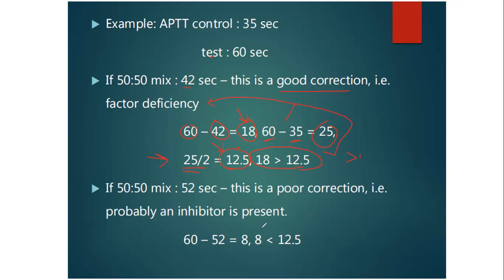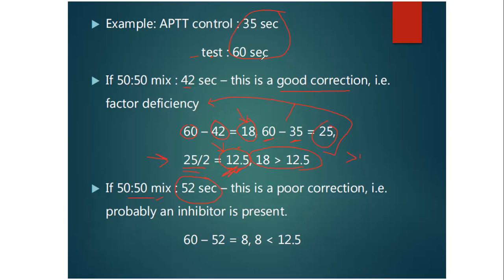Now, what if we do the 50-50 mix and we get a 52-second APTT? Same thing, that is what we will do. First, we get the threshold. 60 minus 35, we get 25. Divided by 2, we have 12.5. So save the 12.5. Next, we get the difference in time between the APTT of the test sample and the APTT of the 50-50 mixture.